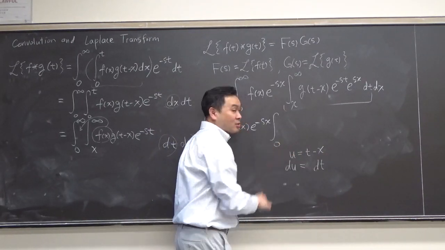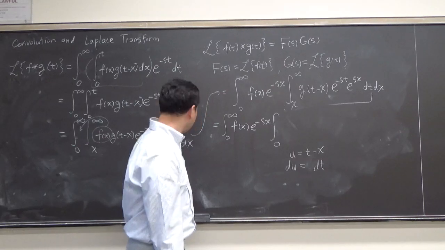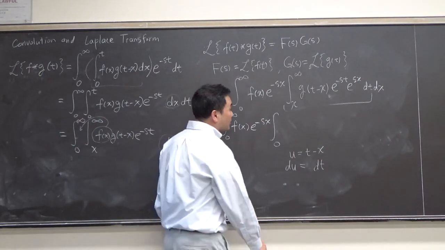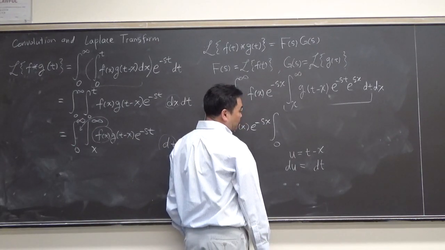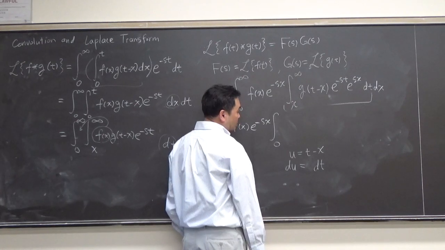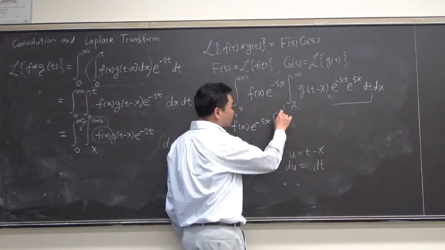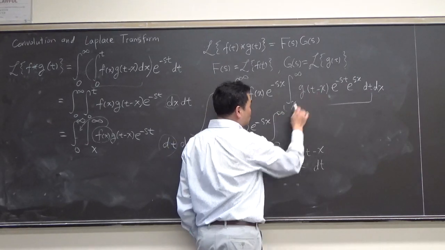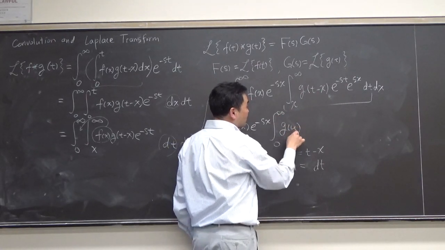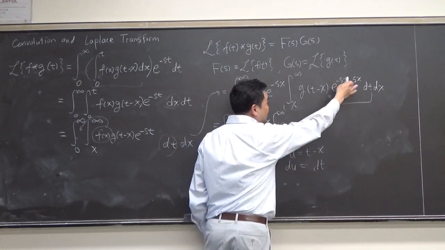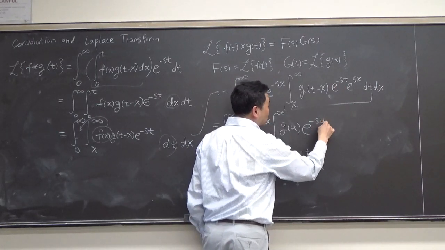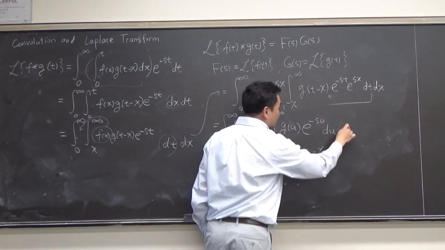So this one starts from 0. And when t is infinity, what's u? It's still infinity. And you have g of u, e to the negative su, du dx, right?